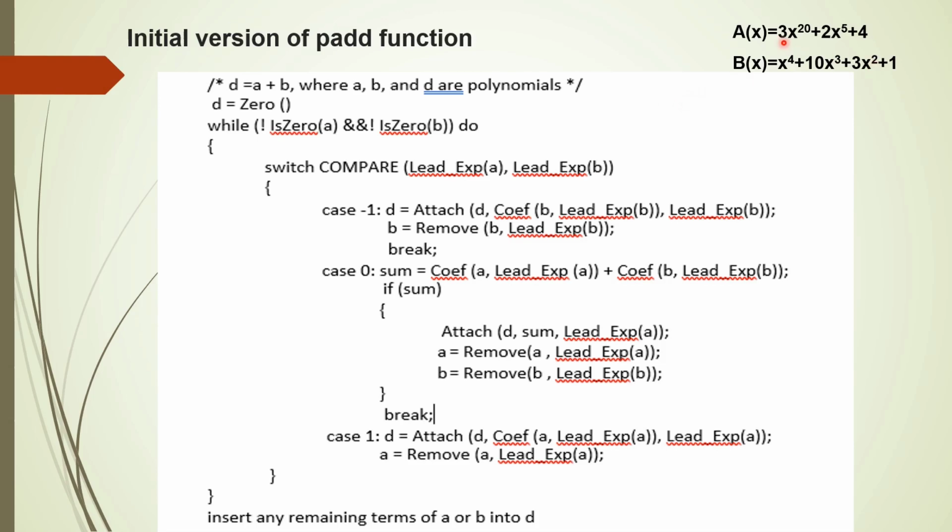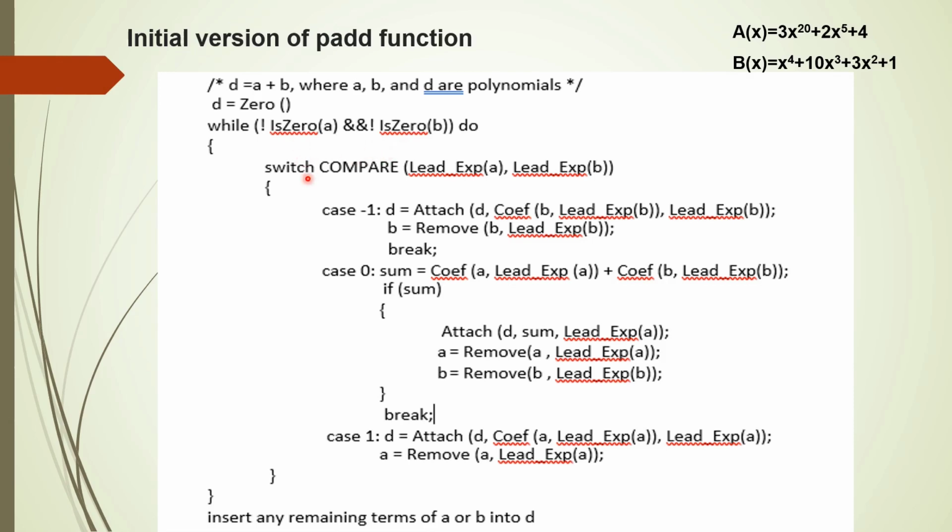Of course, in our case, a has 3 terms and polynomial b has 4 terms. So here the control comes inside a loop. If any one polynomial's terms become 0, it will come out of the while loop, because the function will return true if there is no polynomial. If there is a term in the polynomial, then it will return false.